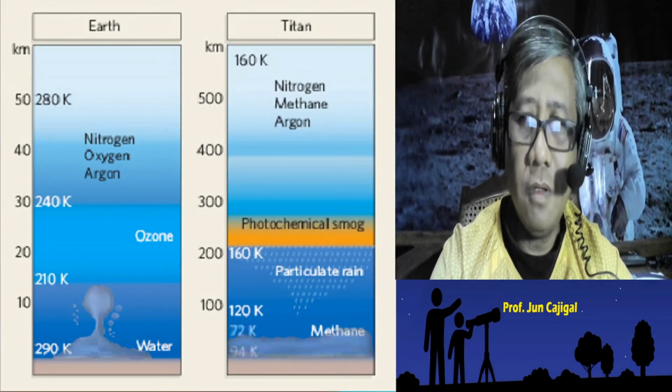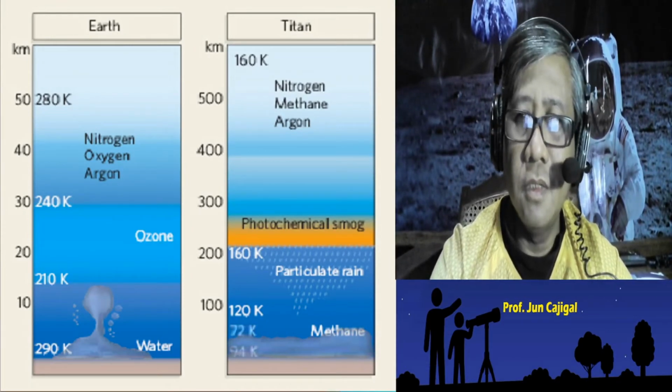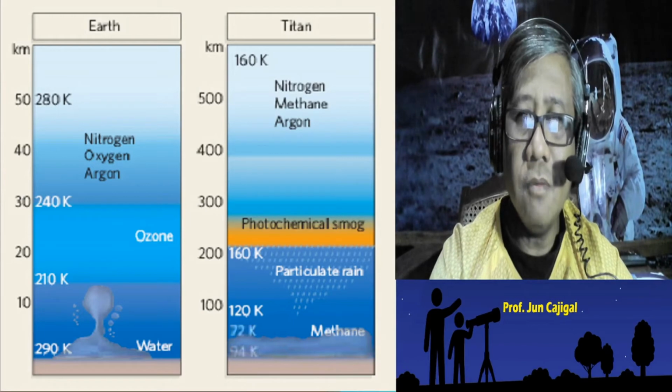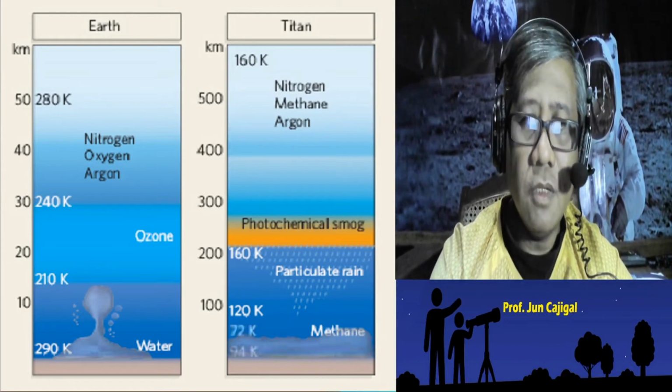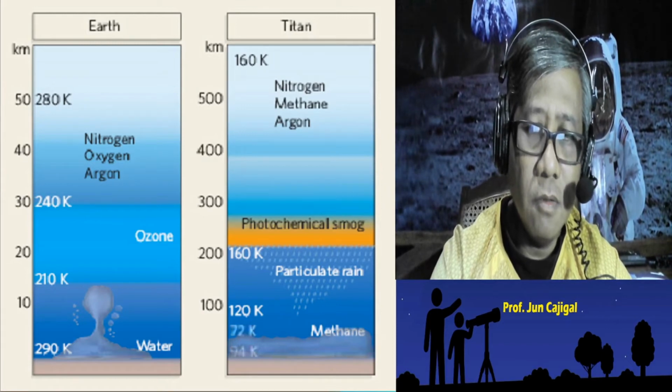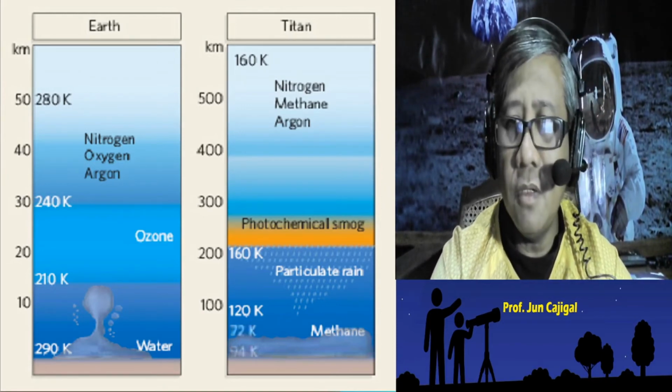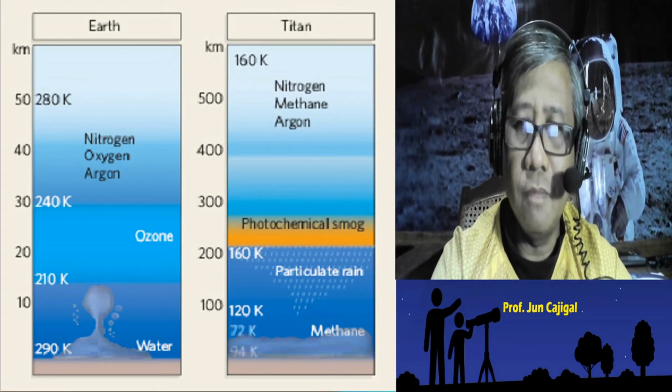Parang Earth, di ba? Our atmosphere is about 78% nitrogen and 21% oxygen. Sa Titan, ganun din. It's mostly nitrogen. Plus, you have gases, methane, and argon.